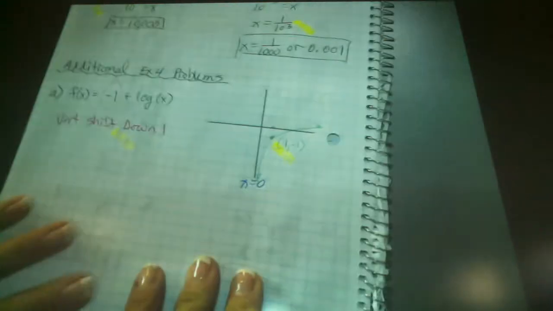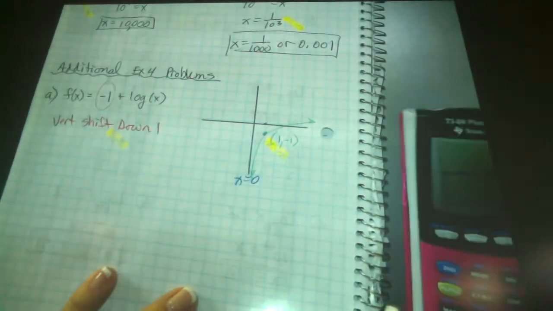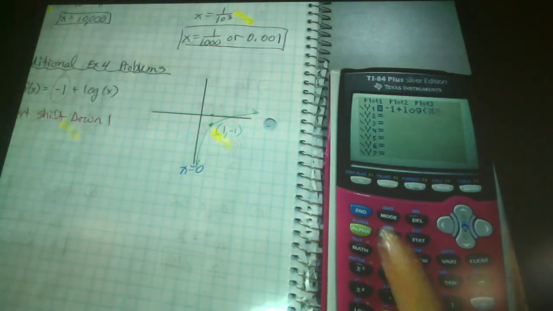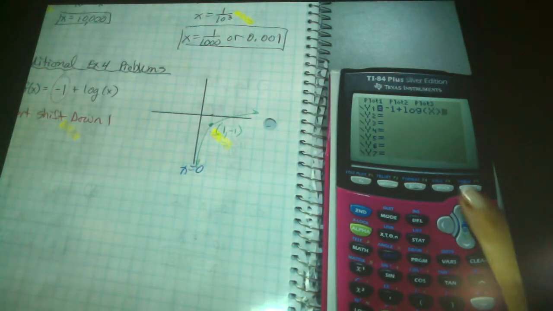And look at what it looks like on your calculator. So let's put in negative 1 plus the log of x. It really doesn't start to cross until somewhere way out here.